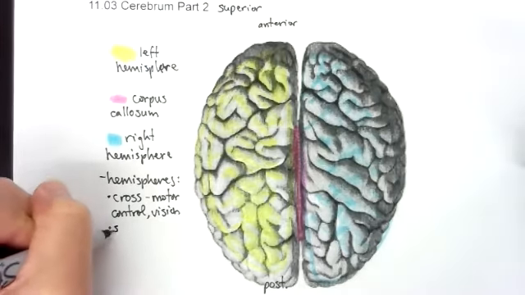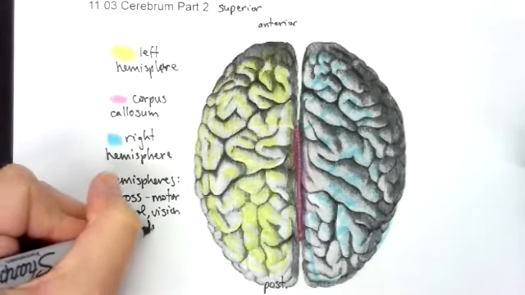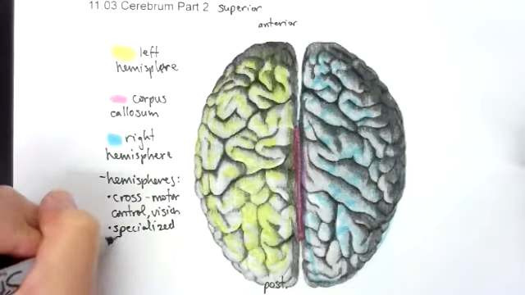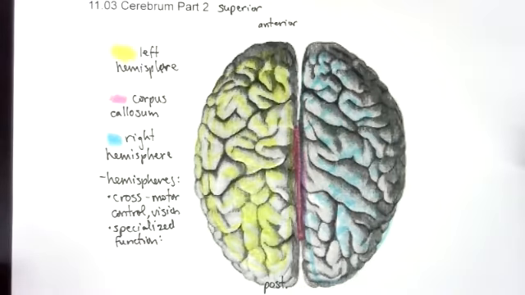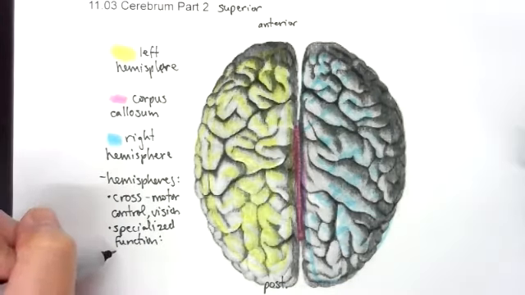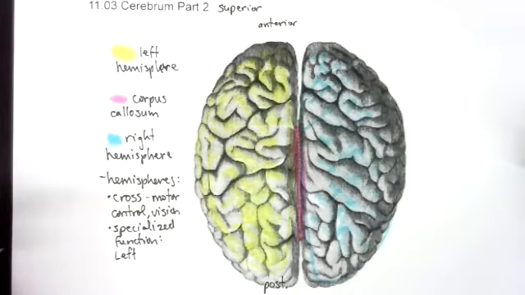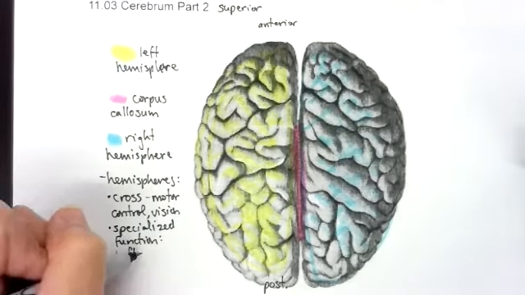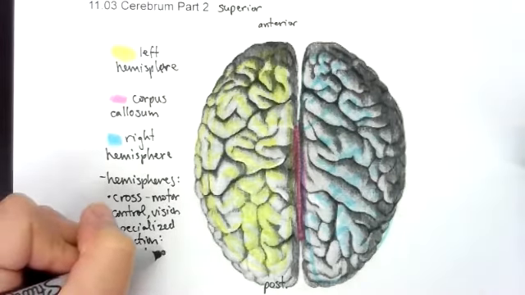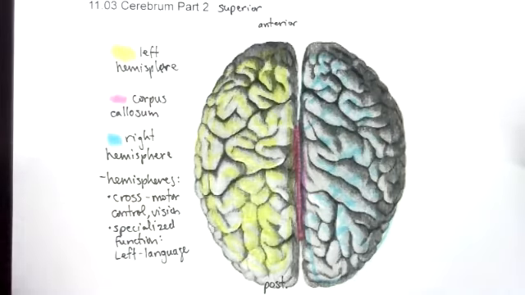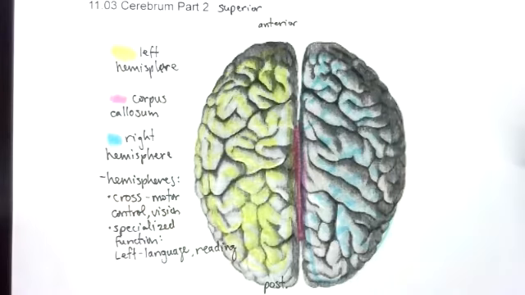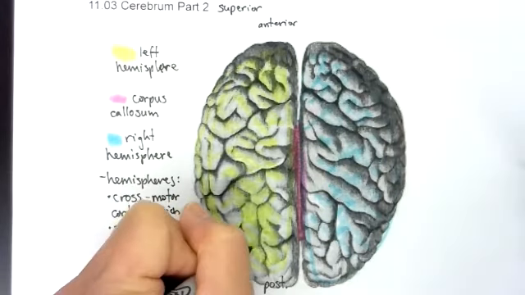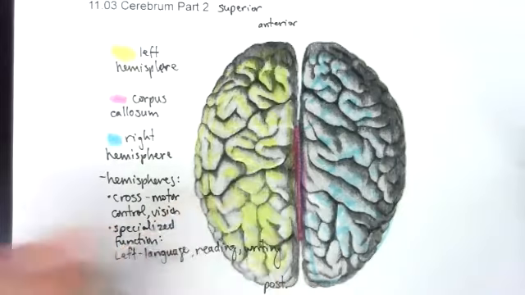They also have specialized function. So we talked about the fact that we had Broca's area and Wernicke's area on the left side. And what we see is that overall, the left handles language, reading, writing. Versus the right side.